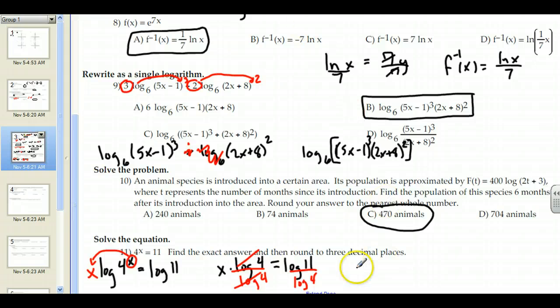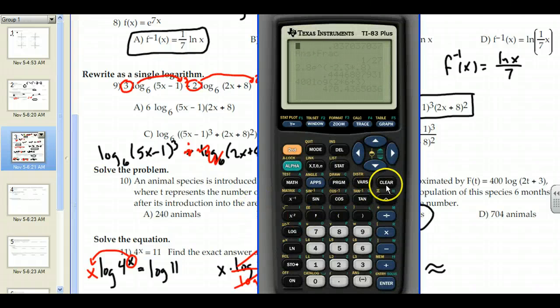And I get the exact solution that x is equal to the log of 11 divided by the log of 4. Now this is not equal to the log of 7, so don't misuse the quotient rule. This is your exact answer, and then go to your calculator to approximate it. Type in exactly what you saw there.